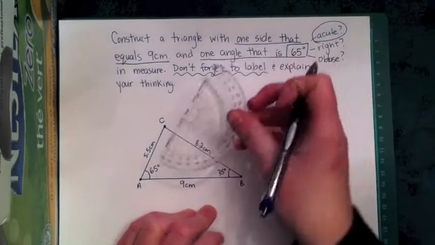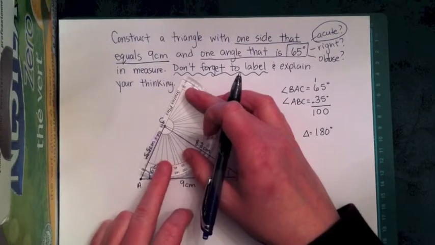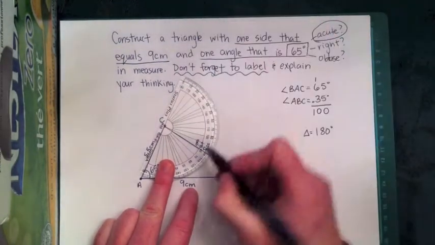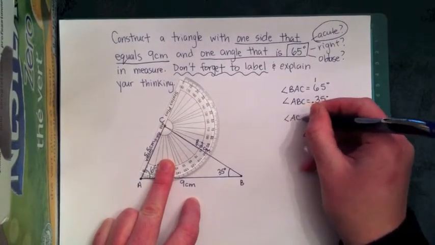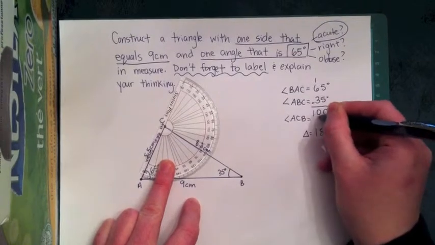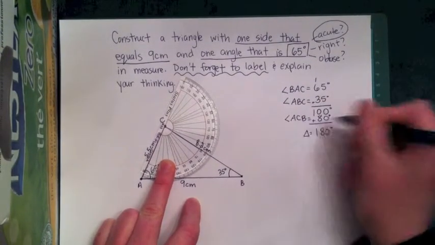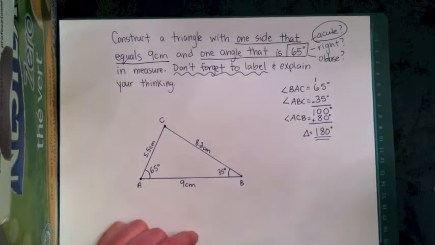But just to double check, I will measure that yes, in fact, angle ACB does equal 80 degrees. And when I add that up, I get 180 degrees.